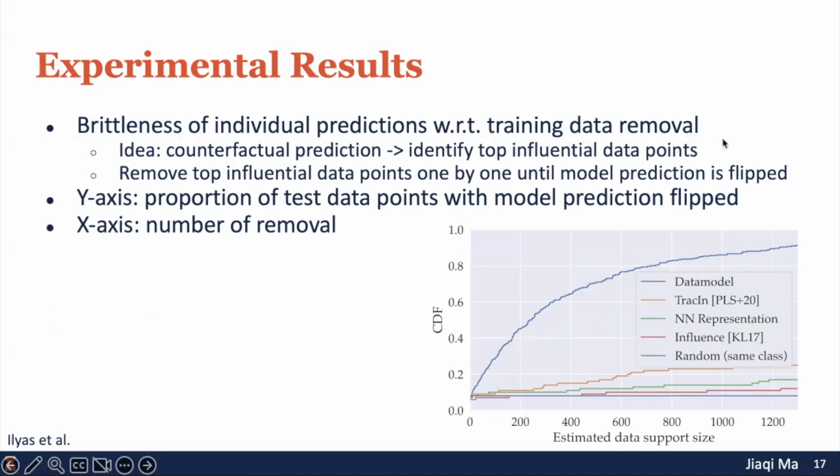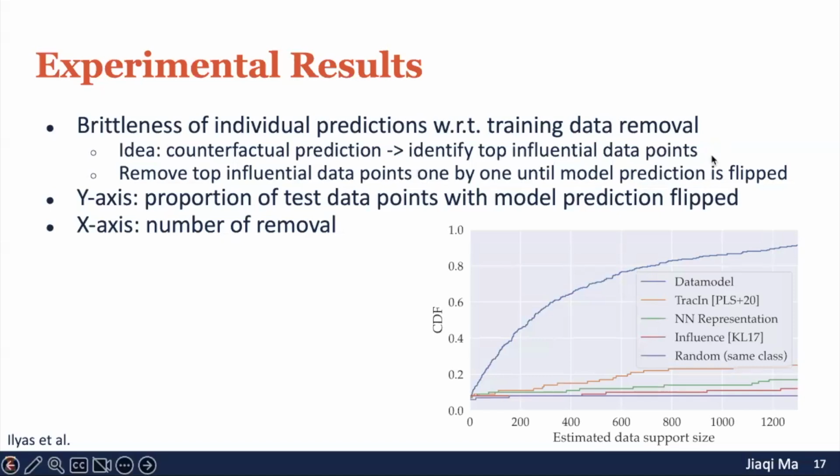The idea is that if I can do good counterfactual prediction, I can use it to identify the top influential data points on the model output. And if I remove these data points, they are more likely to flip the model output than removing other data points.